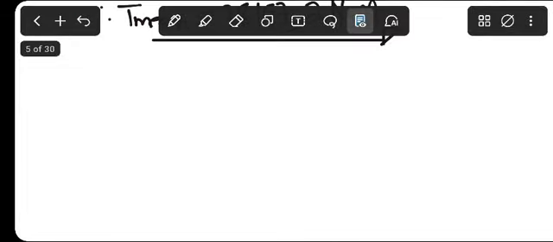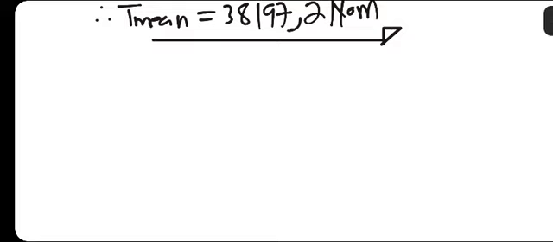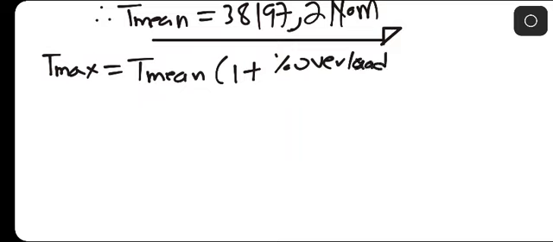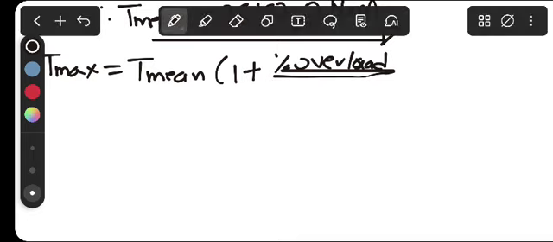So we want T max. We've discussed this formula: T max equals T mean times 1 plus the percentage overload divided by 100.